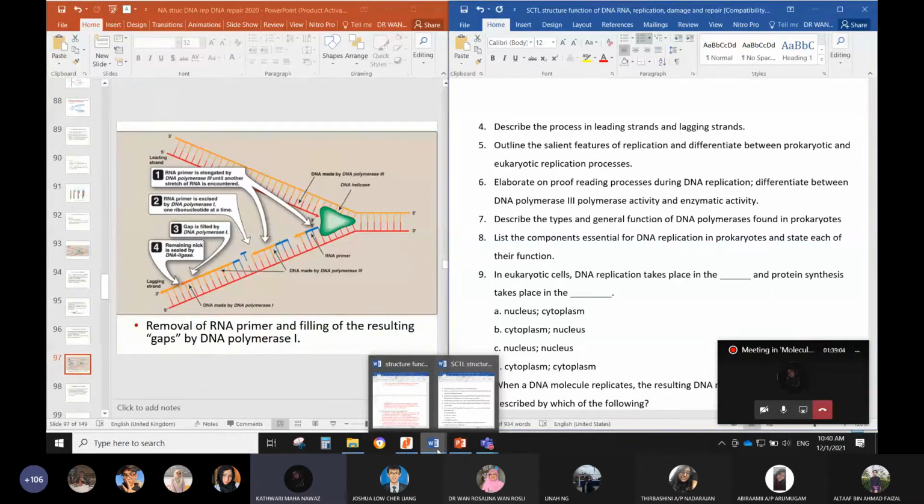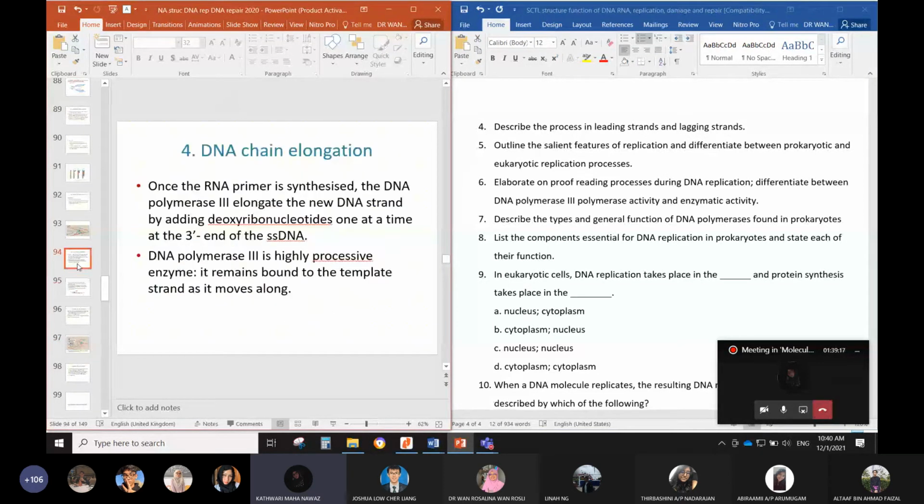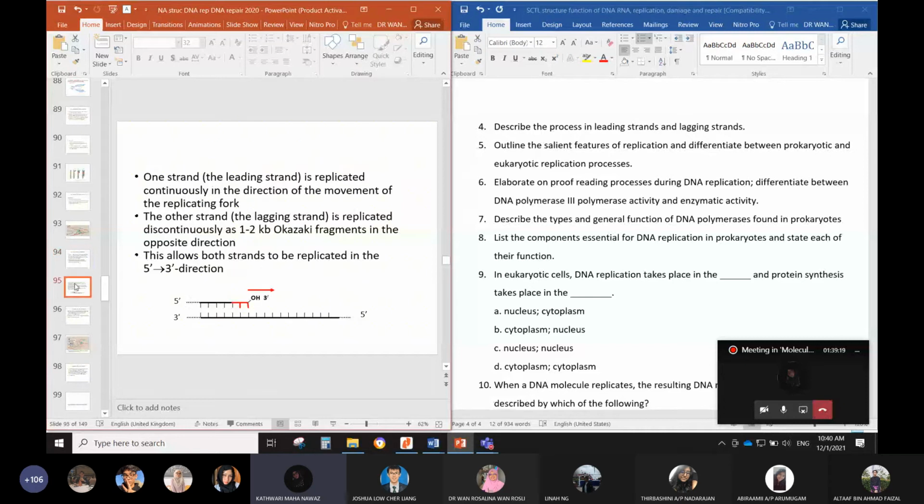So for the A strand, which would be 5' to 3', the daughter strand would be 3' to 5', complementary, and similar for the B strand. DNA polymerase can synthesize a DNA strand in only one direction, 5' to 3'.